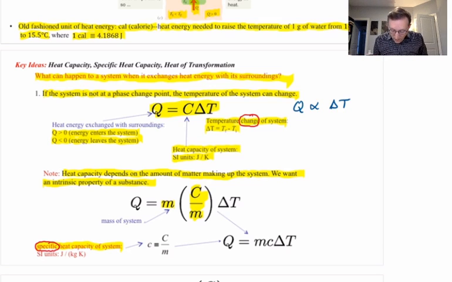Symbol, lowercase c. Yes, it's confusing because we've got to be really careful. Lowercase c means something different than uppercase C. And you can think of it as the heat capacity, capital C, divided by the mass of the sample. So in a loose sense, specific heat capacity is heat capacity per unit mass.